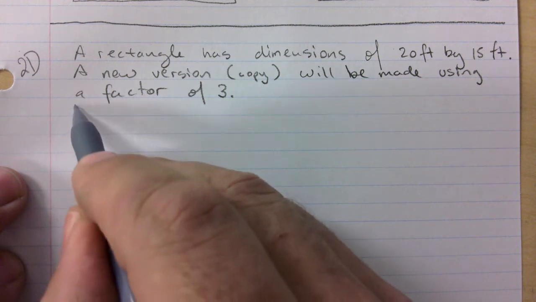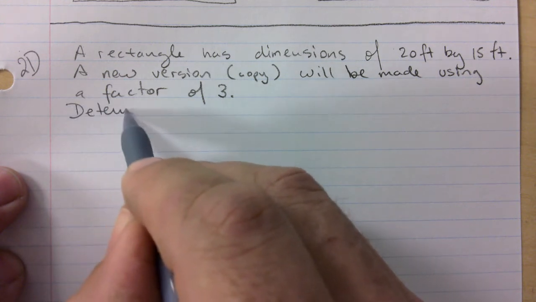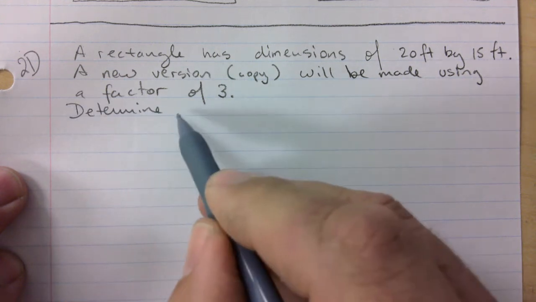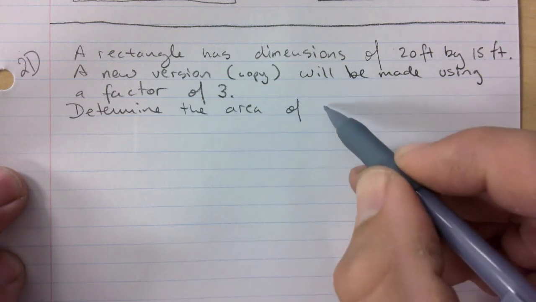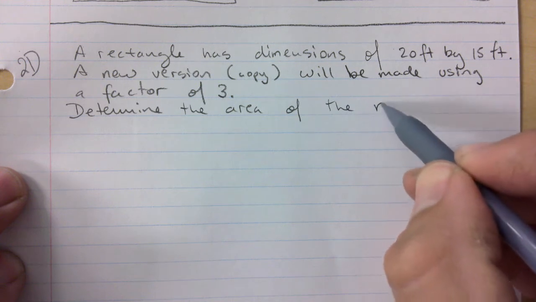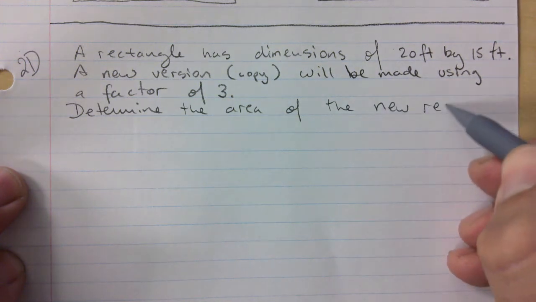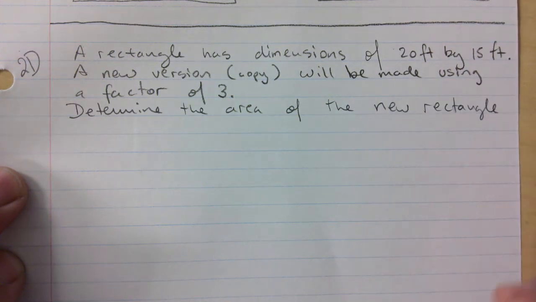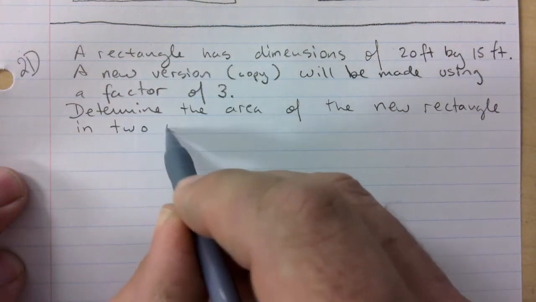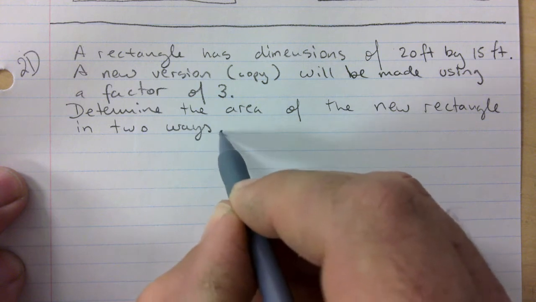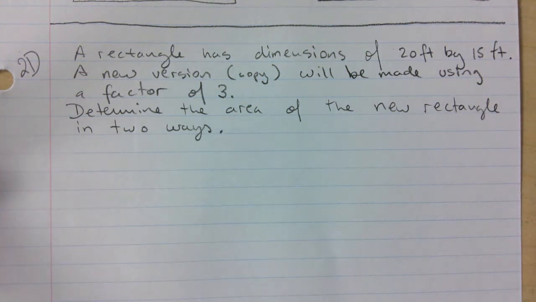Determine the area of the new rectangle in 2 ways. So I'll show you one where you need both dimensions and one where you don't.